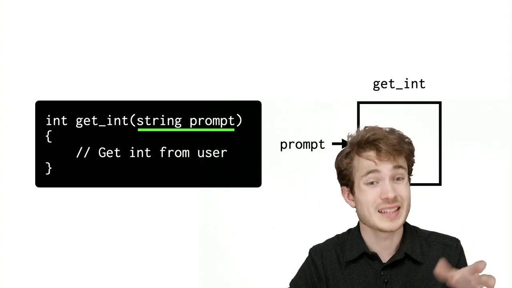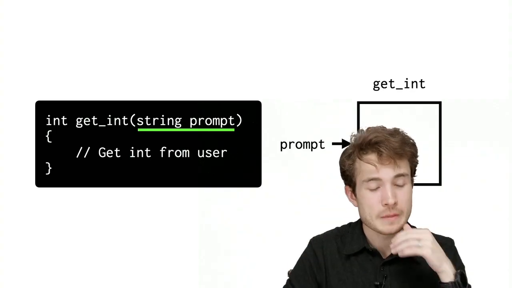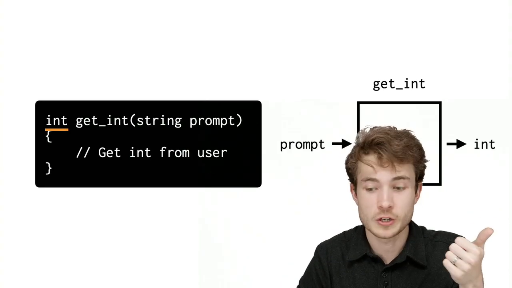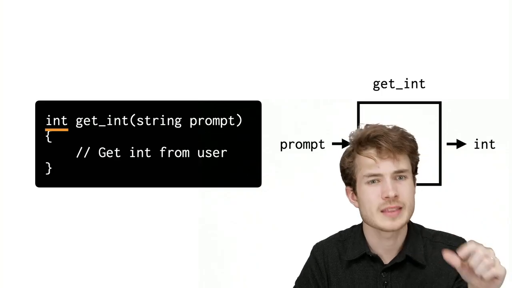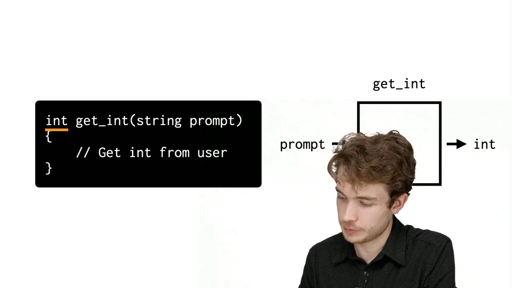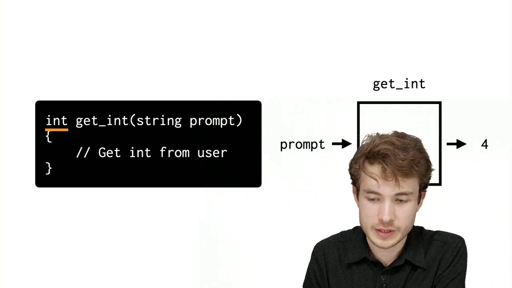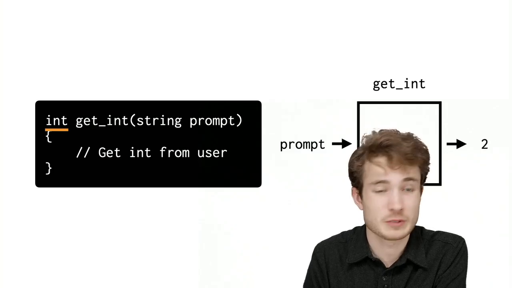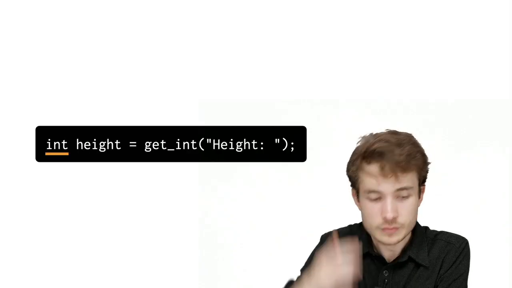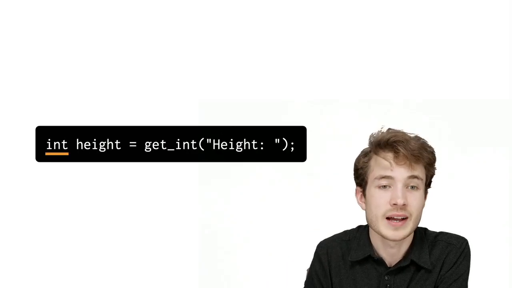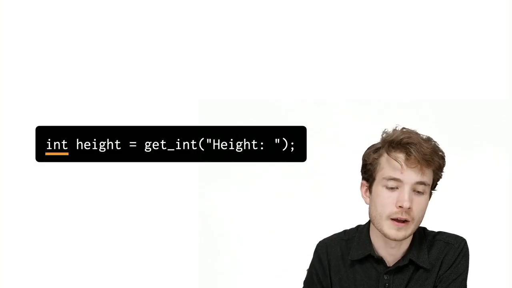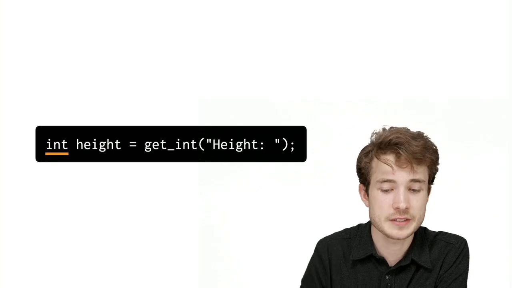And then what does getInt give us? Well, at the very end of the day, it gives us back an integer, in this case, a whole number that the user actually typed in themselves. And so of course we would use this function a bit like this. We could say take in a prompt to give us back 2 or 4 or so on. But we'd use it using int height gets the value of something like this function, getInt followed by height.